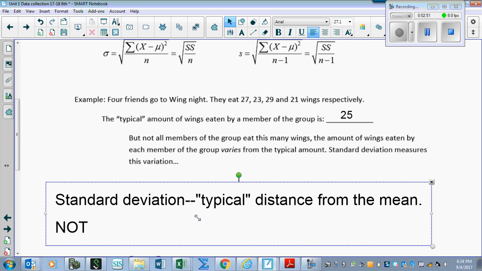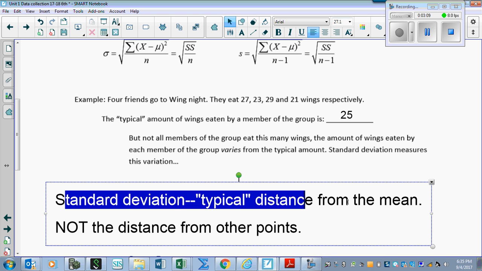Not the distance from other points or spread among different points. It's a typical distance from the mean. That's what we're talking about here. That's what we're looking for.